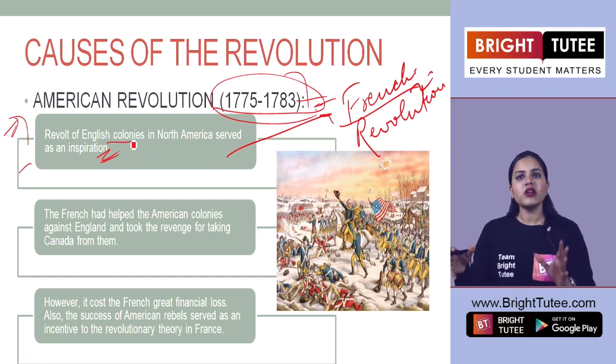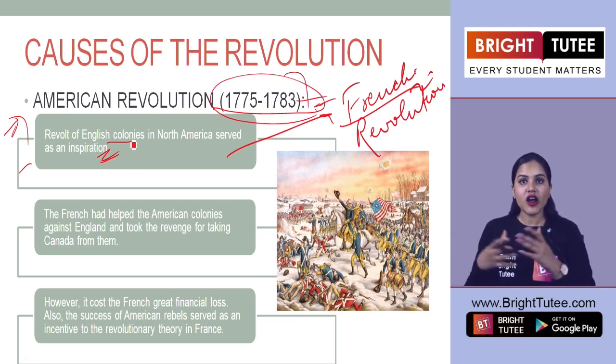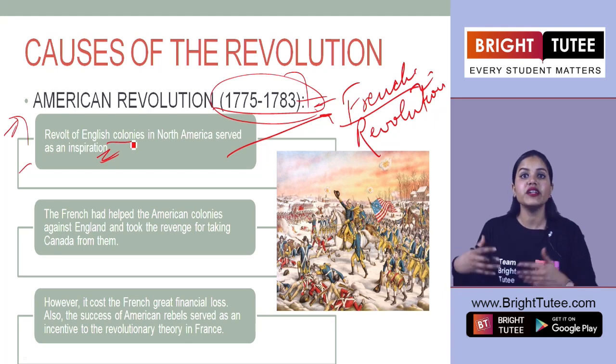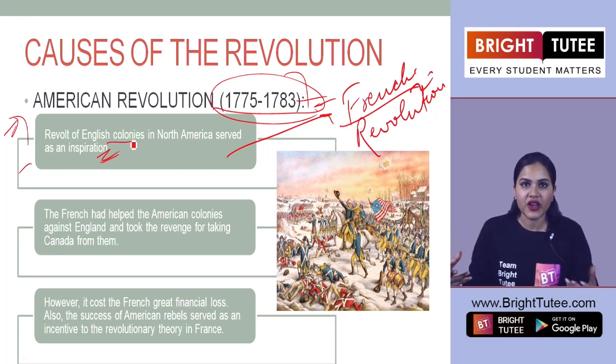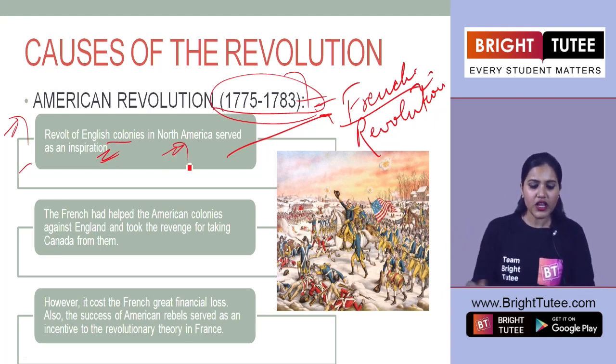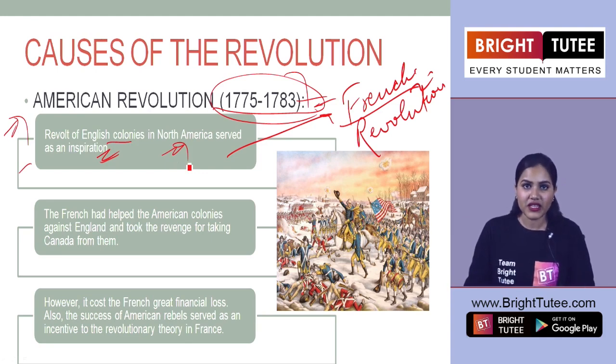So right now you are aware that the British Empire was establishing colonies everywhere around the world, not only India but at different places. So in North America as well, colonies were established by the English.